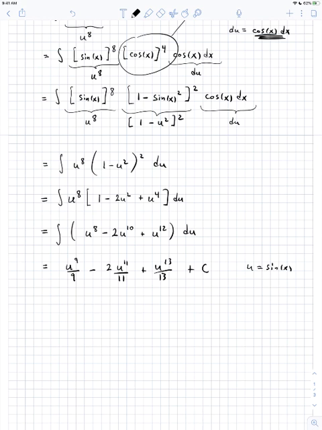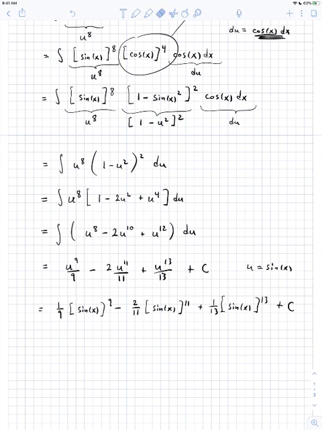You plug that back in, and what you're going to end up with is 1/9 times sine x raised to the 9 minus 2 over 11 times sine of x raised to the 11 plus 1 over 13 times sine x raised to the 13 plus a constant.